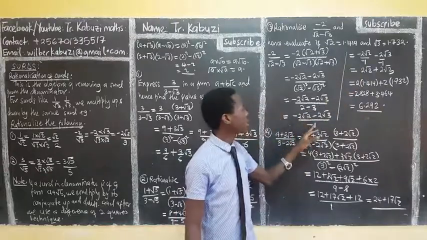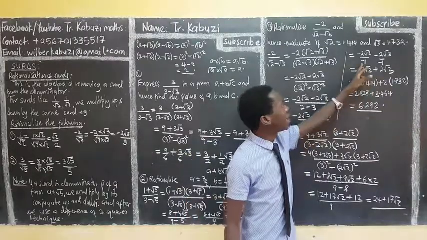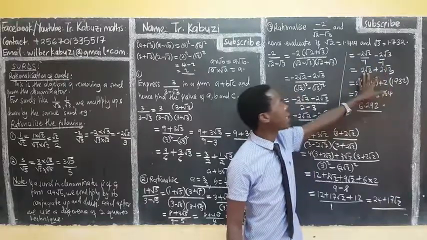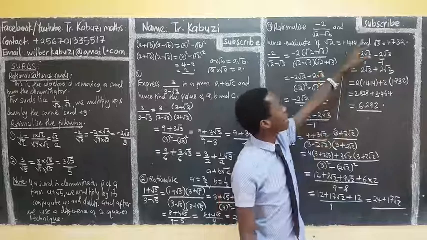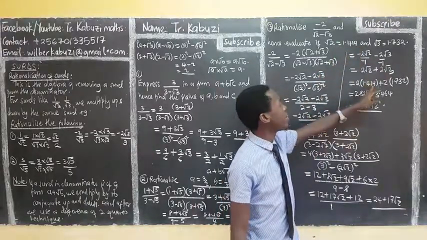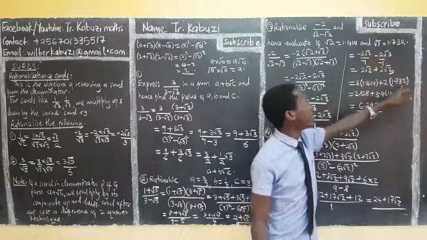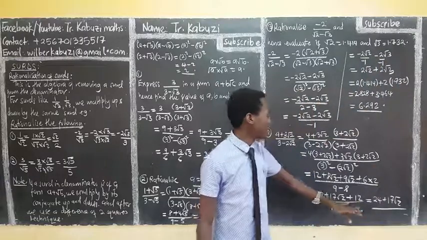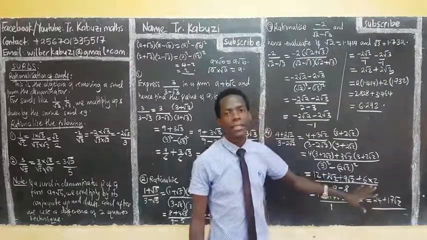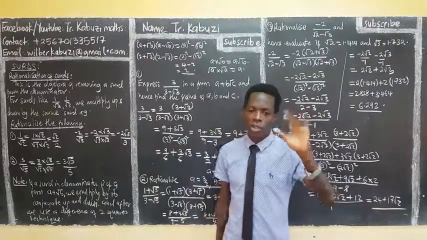This divides this, and this divides this like that. Then negative by negative, positive. Negative by negative, positive. Then after here, I substitute in my given values in the question. This is equal to this, I put it there. Then also this is equal to that, I put it there. If you don't give it to me like in this question, I just leave my question like that. That's it, members. I wish you well.